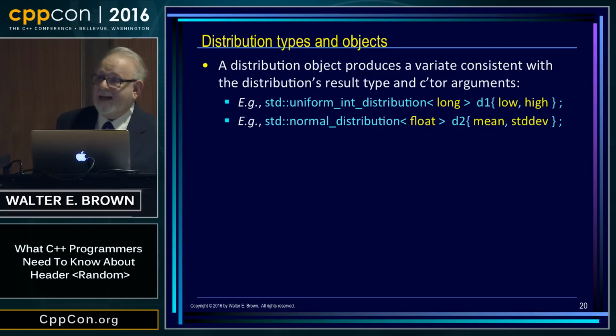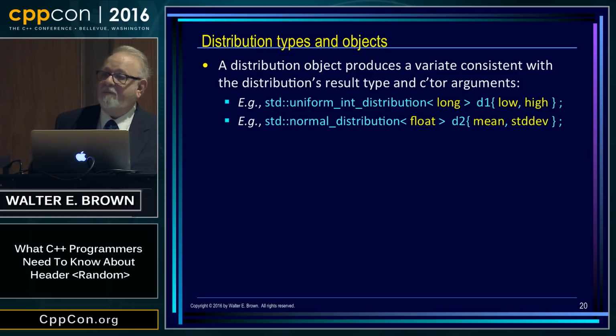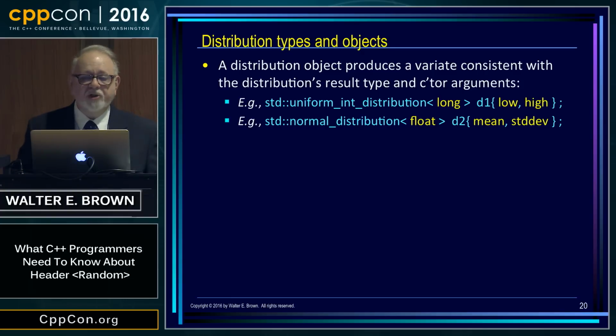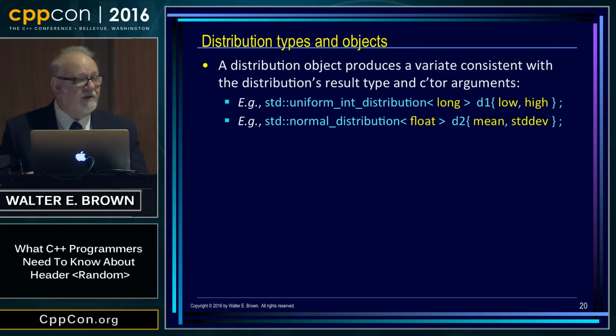Okay? And then what are the constructor arguments? Well, it depends on your choice of distribution. Here are two examples. Uniform int distribution is one of the ones that beginners typically need if you want to roll a die or shuffle cards or something. So this example says, I want variates of type long, and I want them in the range low to high, inclusive, low through high.